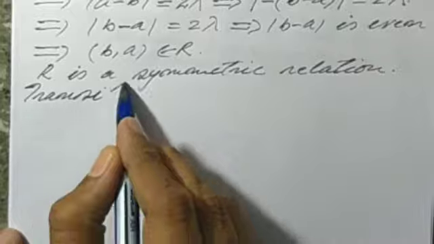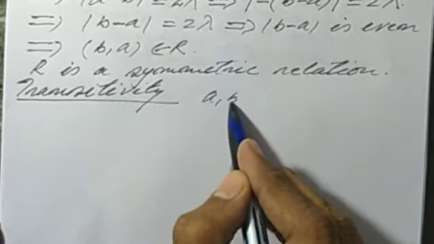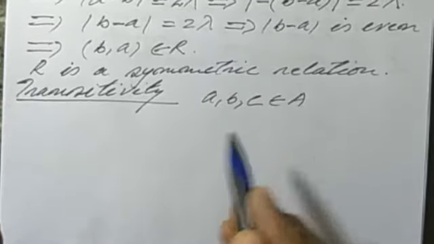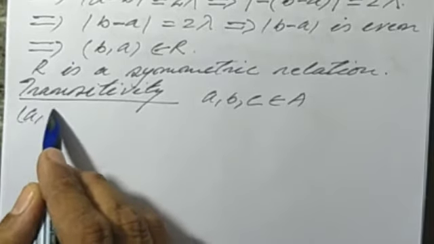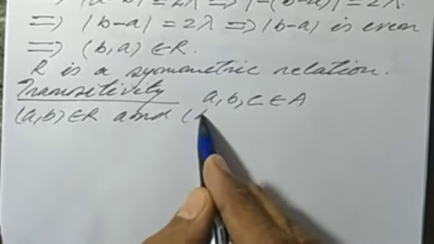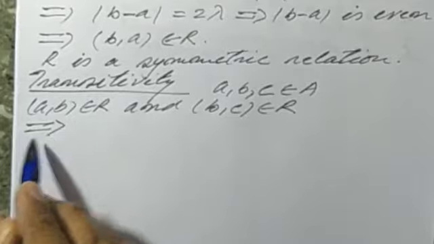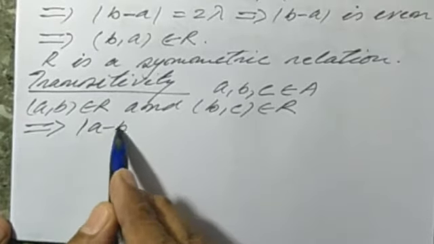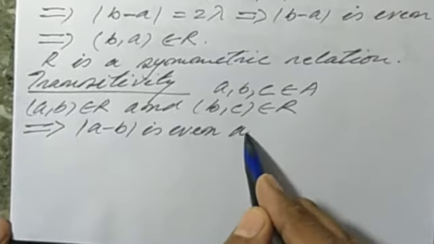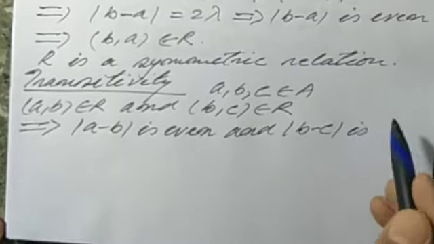Transitivity. For transitivity, let us choose 3 arbitrary elements a, b, c out of the 5 elements of set A, such that (a, b) and (b, c) belong to R. By definition of the relation, it implies that modulus a minus b is even, and also modulus b minus c is even.